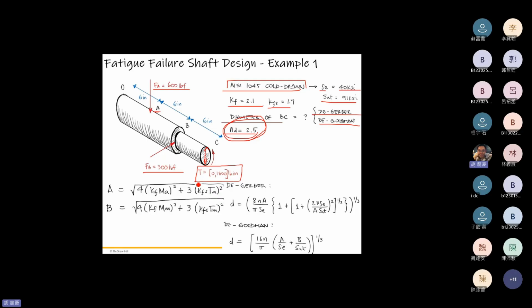The key parameter that we have to solve for is the diameter of the shaft, using the Gerber and the Goodman criteria. You can check the slides I taught last week.